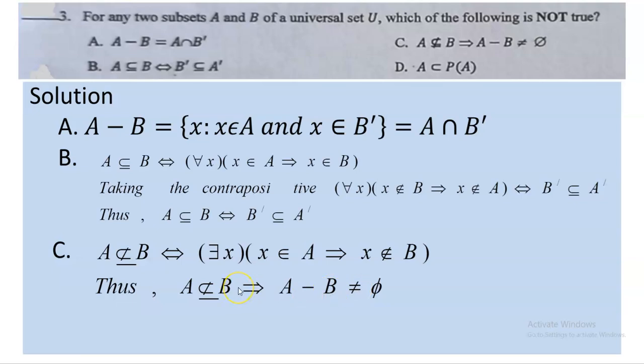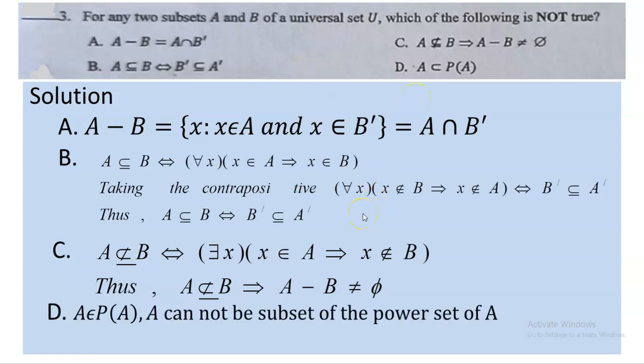If A is not a subset of B, then obviously there exists at least one extra element in A which is not in B. So the difference here cannot be empty. At least one element can appear, so it can't be empty. Because of this, students, the saying of C here is again true.